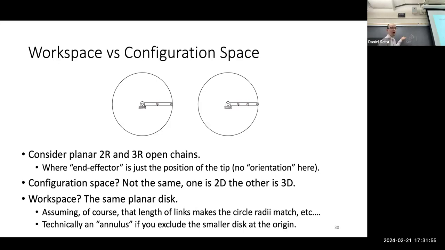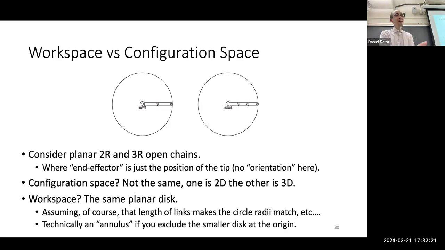So you can pick points here, then there's going to be some configuration that will lead to that. Now you have to assume, of course, that you can rotate the joint around the full axis, the full 0 to 2 pi range and so on. So technically you have to make some assumptions, but I hope that the basic idea is clear.